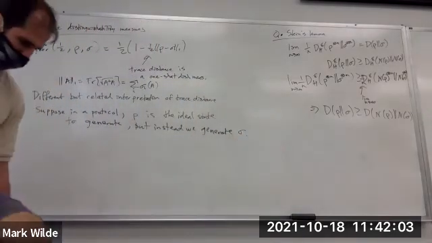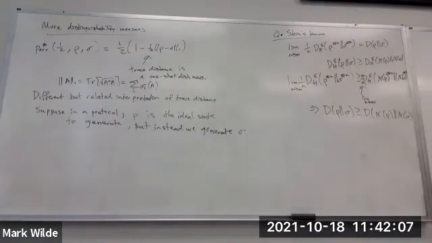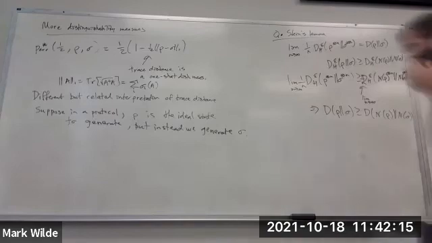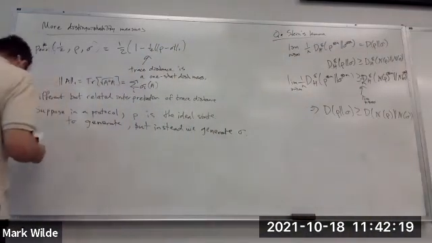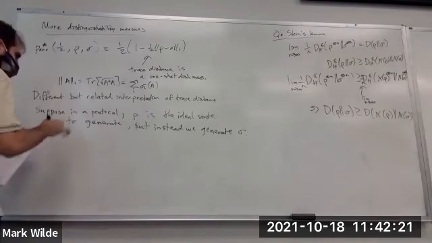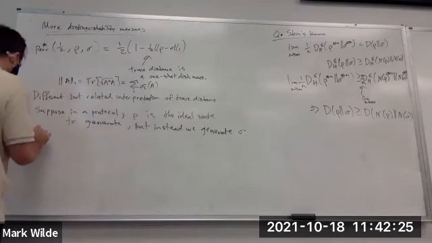So in a single shot, what can you do to learn about the output of the protocol? You can do a measurement, right? You're trying to assess how distinguishable rho is from sigma. So you perform a measurement.